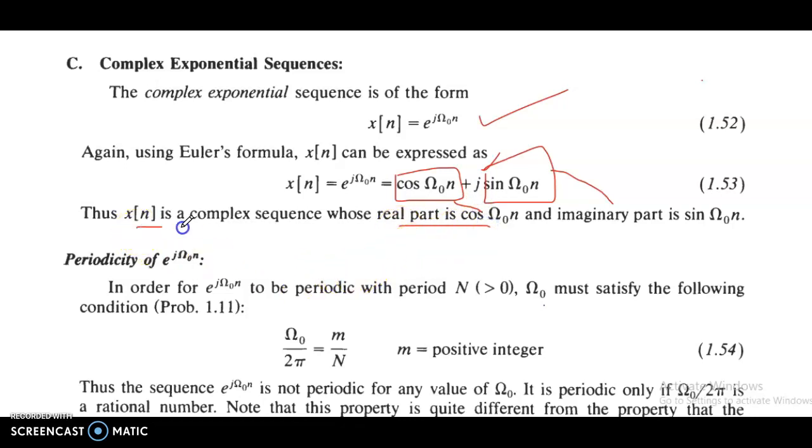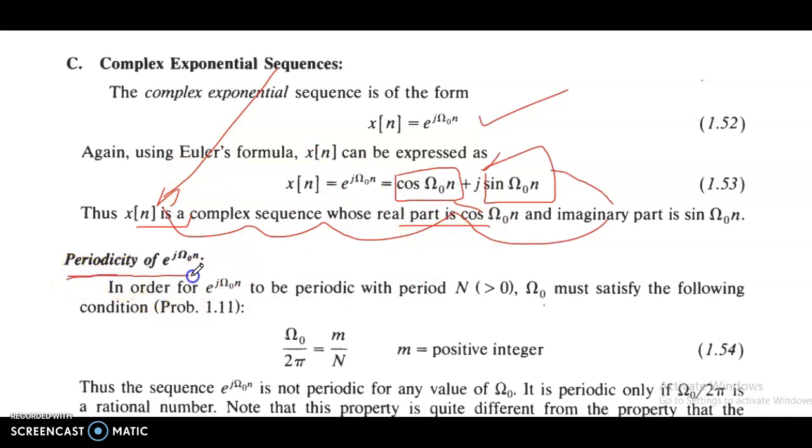So x(n) is a complex sequence, with a real part plus an imaginary part, cos plus j sin, that is Euler's formula.